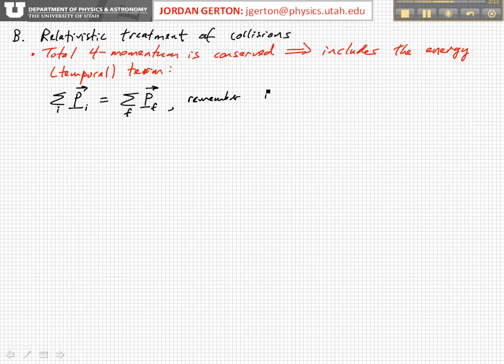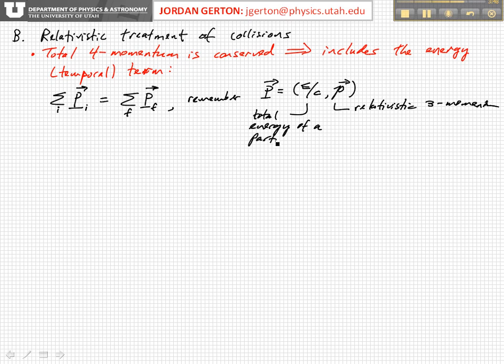Okay, and just remember that the form momentum is equal to the temporal component, which has the energy term, and the relativistic 3 momentum. So this is the relativistic 3 momentum, and this is the total energy of a particle or system of particles, actually.